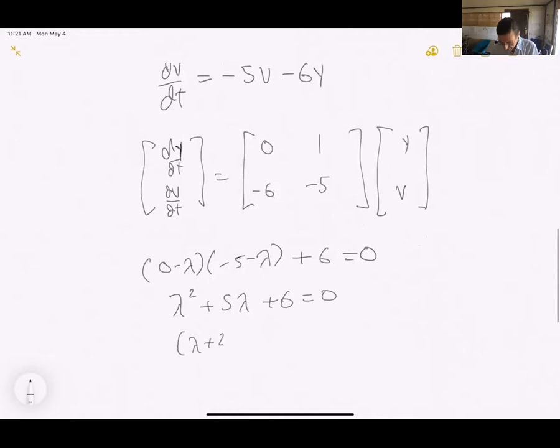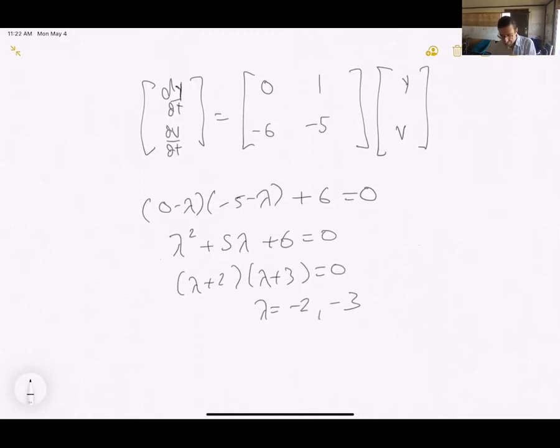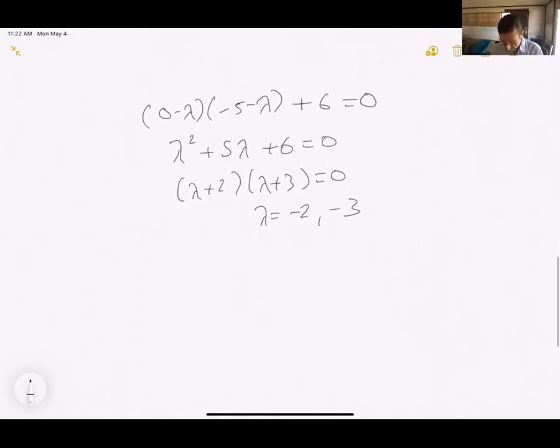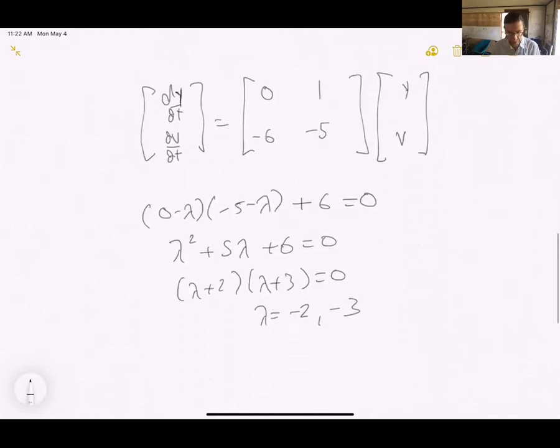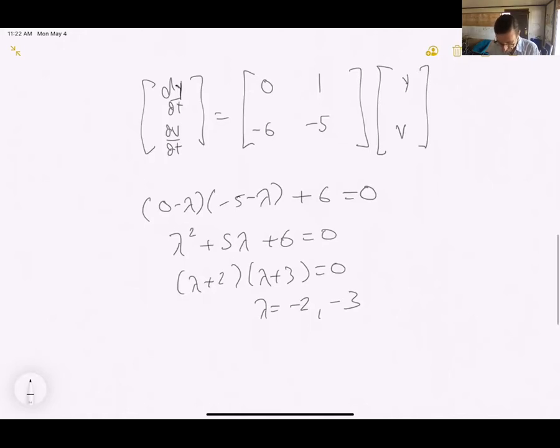Lambda plus 2 times lambda plus 3 equals 0. So lambda equals minus 2 or minus 3. Next. Eigenvectors. Good. Well, remember we're doing, did anybody remember how this worked? Well, okay, sure. Yeah, eigenvectors. Let's find the eigenvectors. We might as well.